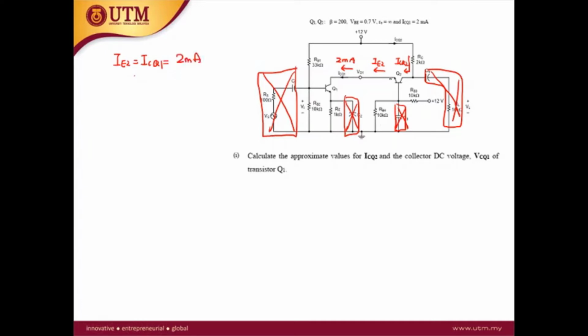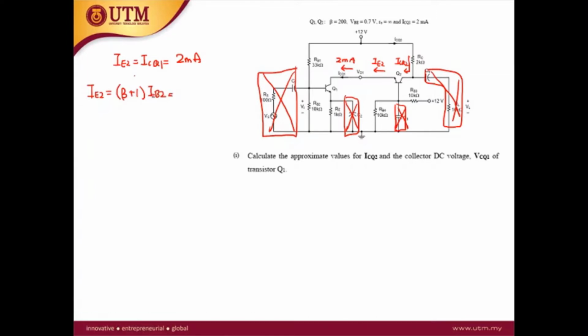So the relationship between IE2 and ICQ2: IE2 is equal to beta plus 1 times IB2.